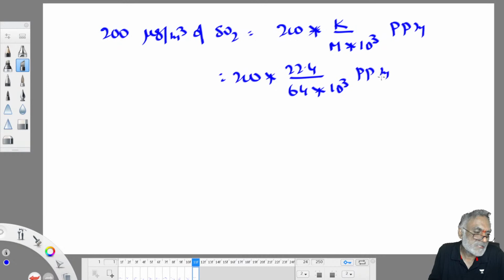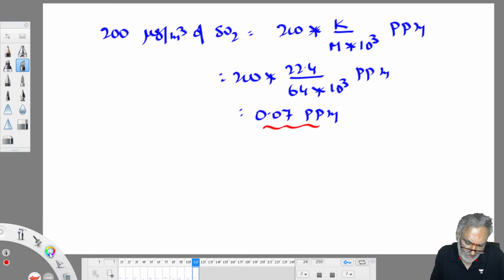That was the answer for this question. Simplify, we will get this. Work out 200 into 22.4 divided by 64 into 10 cube. So it is 0.07 ppm. That was the answer for this question.